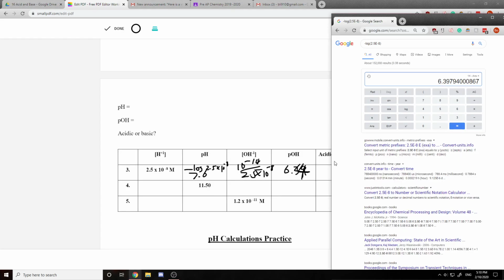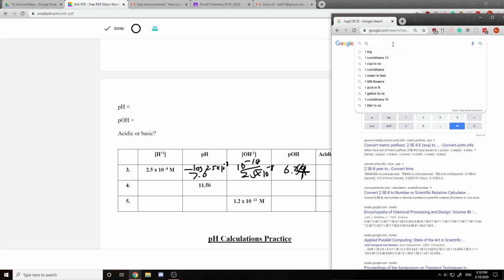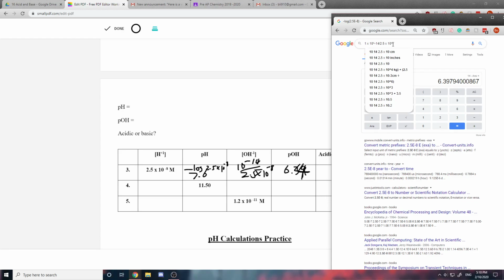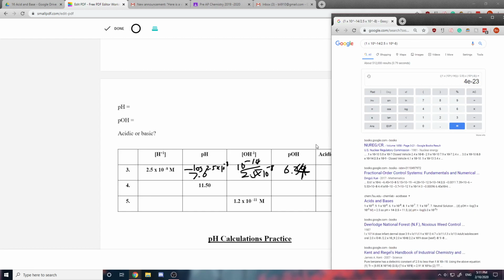Right. So again, we can do both to show you that they work. So 1 times 10 raised to the negative 14, divided by 2.5 times 10 raised to the negative 8. So that gets you 4.